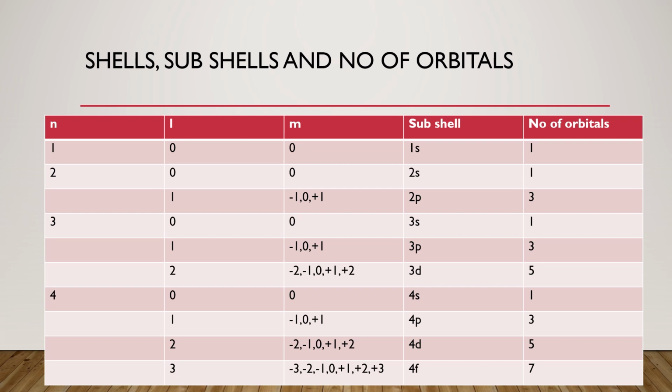For l equals 0, m value 0, 1 subshell 2s, number of orbitals 1. In the second shell, for l equals 1, m can take values minus 1, 0, plus 1, total 3 values, that is 2p subshell, number of orbitals 3. Similarly, you can understand the remaining also.